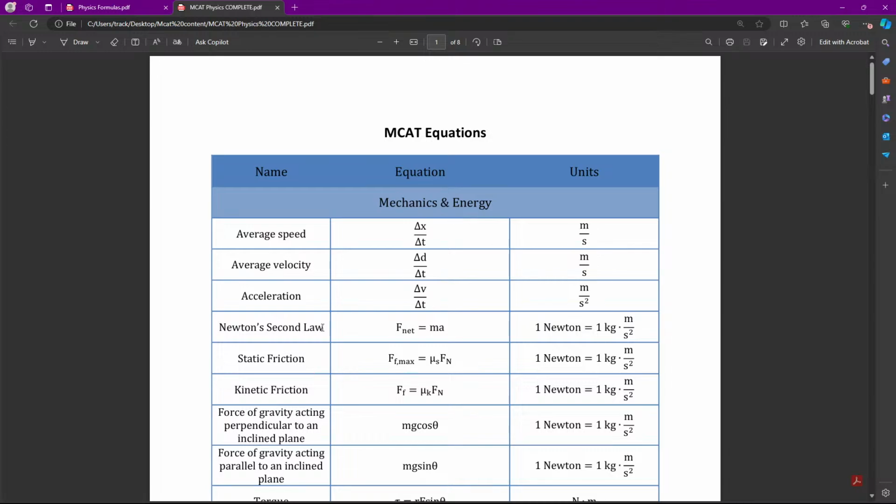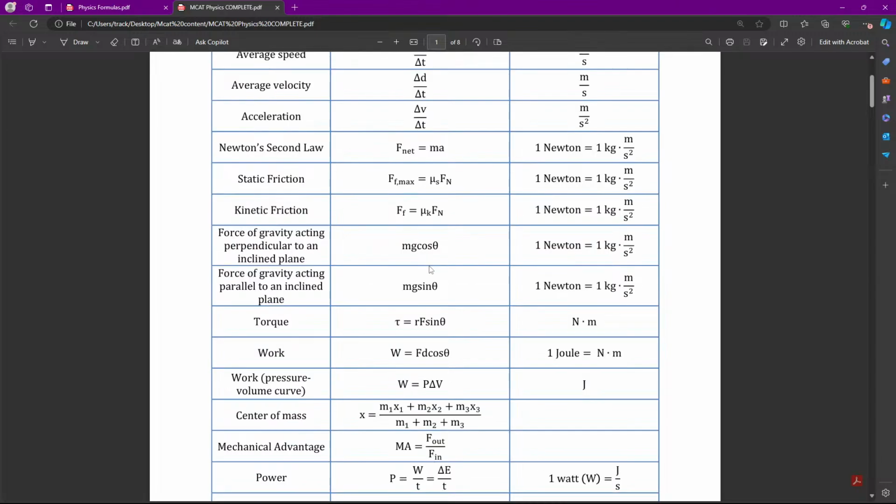Static friction is F of s is equal to mu of s times F of norm. Kinetic friction is F of k is equal to mu of k times F of norm. Force of gravity acting perpendicular is mass times gravity times cosine of angle. Force of gravity acting parallel to the incline is mass times gravity times sine of angle.